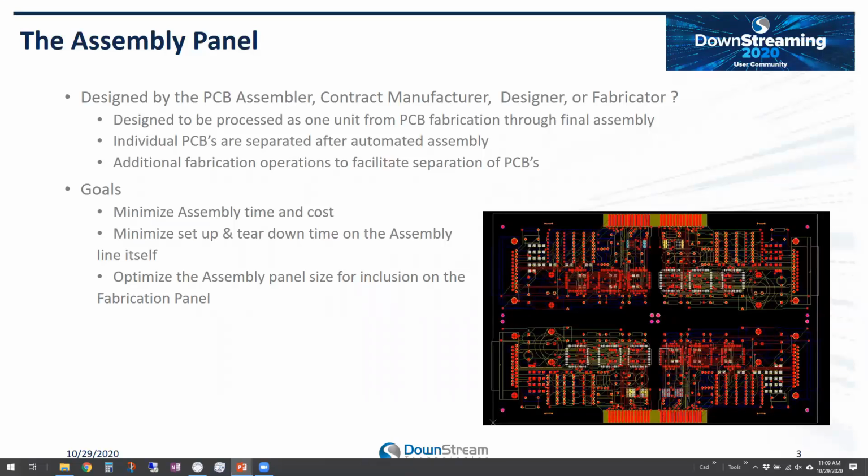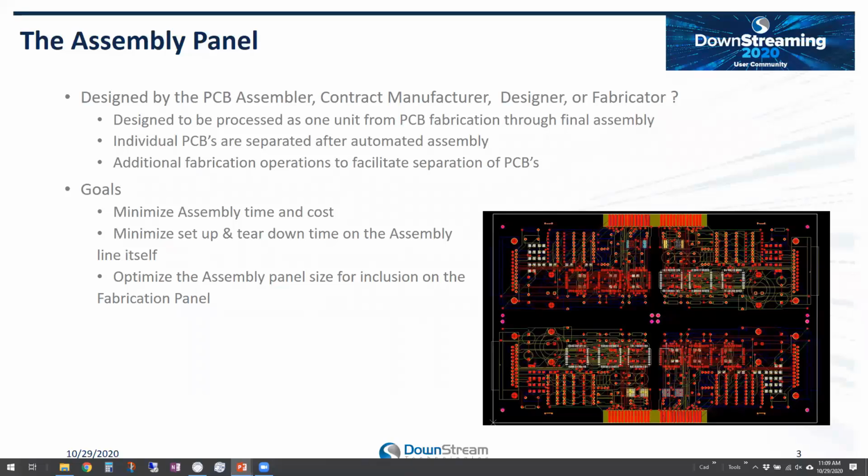We will separate the individual PCBs after the assembly. And it may take some things like scoring, secondary scoring machines or routing machines afterwards to separate the boards. We use the term breakaway tabs. Some people still use that, and some people still break away the boards, but there are other ways of doing it, and the depanelization machines are sold in our industry now.